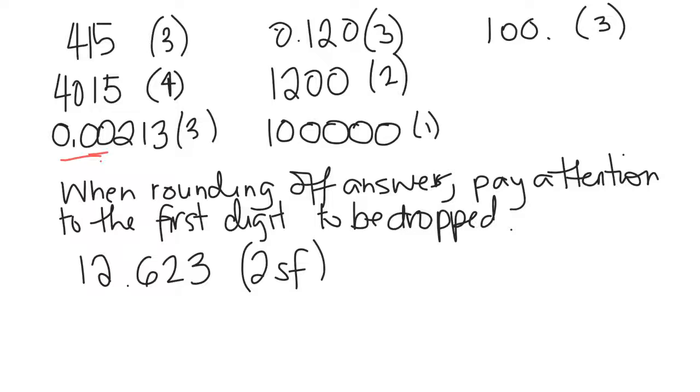Which number is going to be dropped? Brandon? The decimal? So, this here is the number that's going to get dropped. So you have to pay attention to that number.